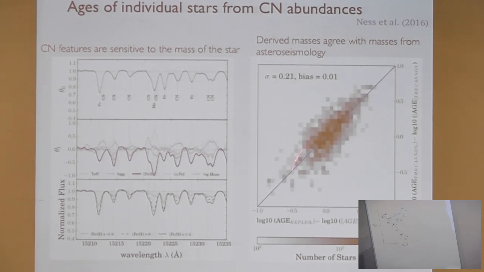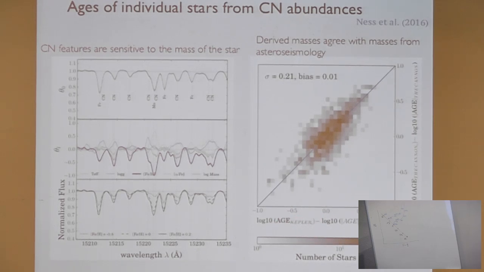This plot is because after she measured that with the code, which is kind of a black box in the sense that there is no physics in the code, it's just interpreting data based on some known data, she verified that the ages that The Cannon, the name of this code, measured are the same as the ages from Kepler.